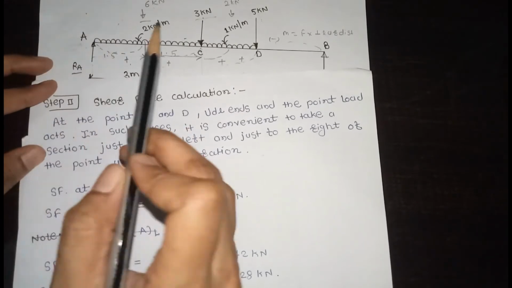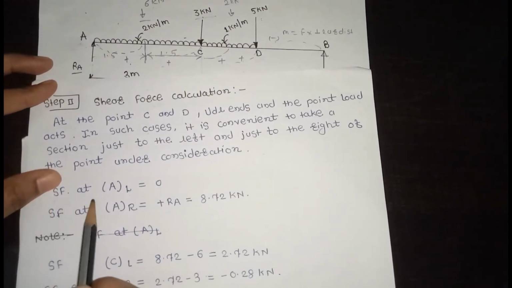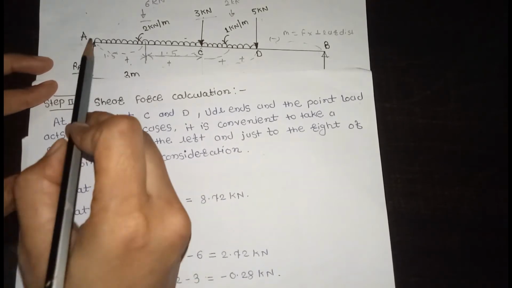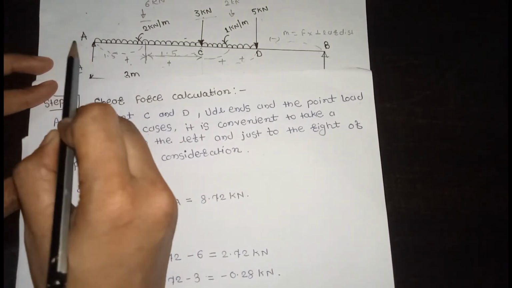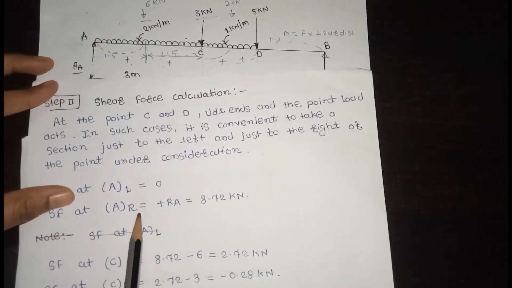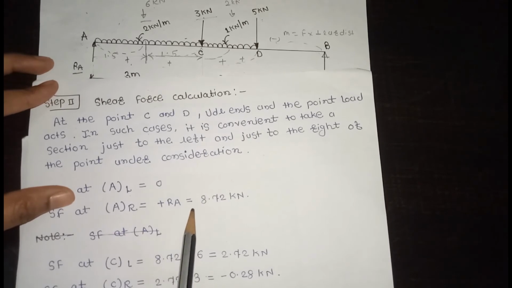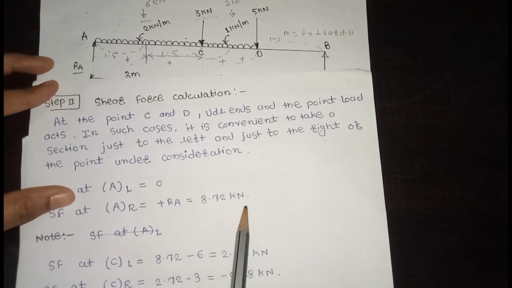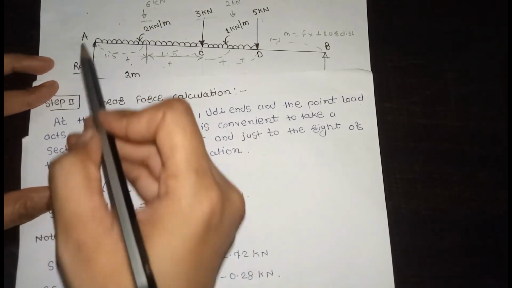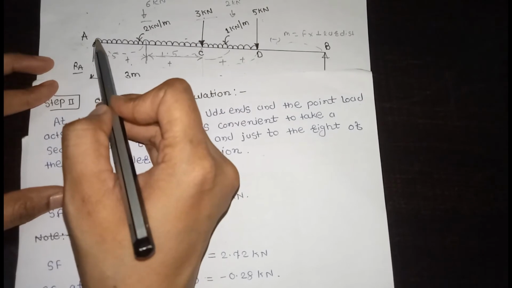Then shear force at A right is equal to RA, which is 8.72 kilonewton. Shear force at A right means the force acting at its own point.